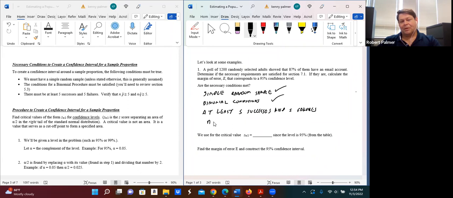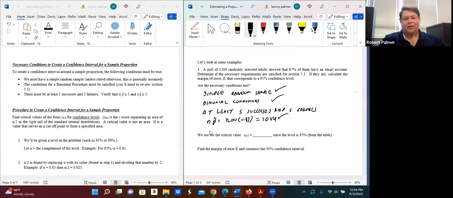So N times P is equal to 1,200 times 0.87. And let's just find out what that is. That would be 1,044. Okay, that's bigger than 5.